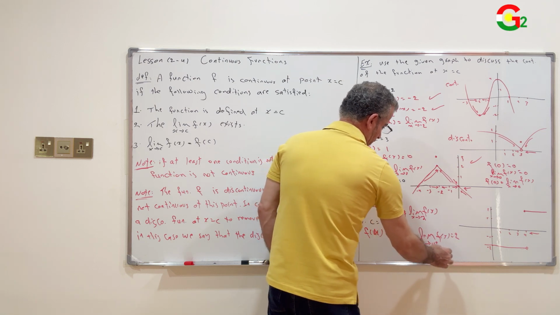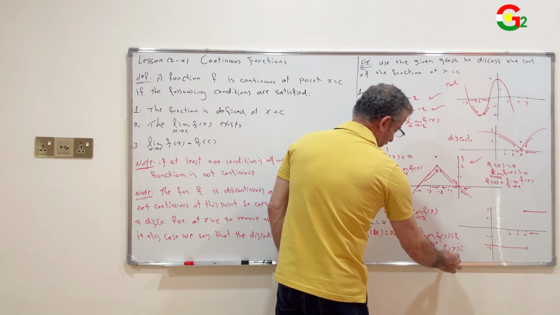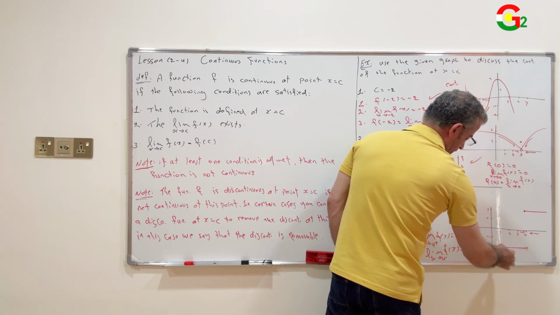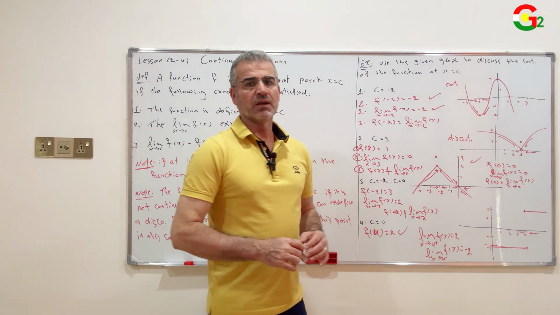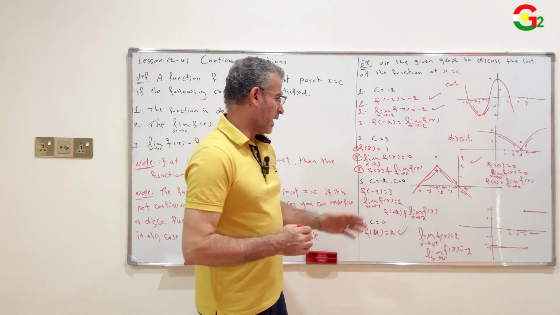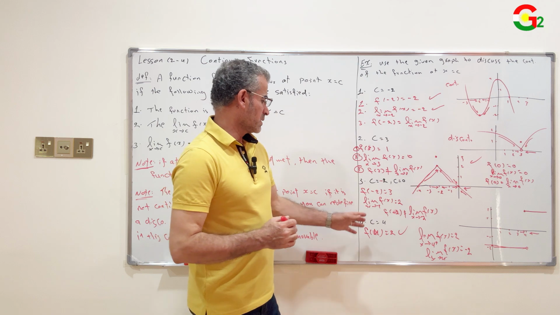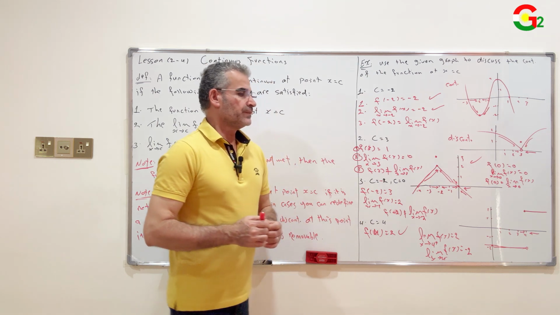The limit when x approaches 4 from the left, the function is negative 2. So the limit does not exist and the function is not continuous because the second condition is not met.